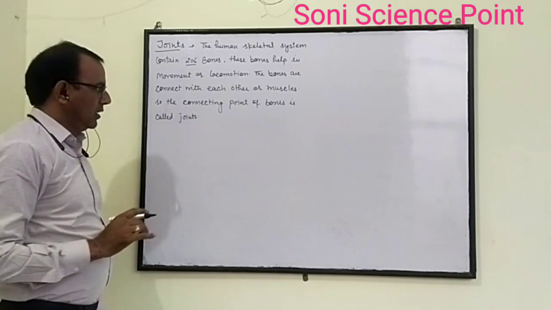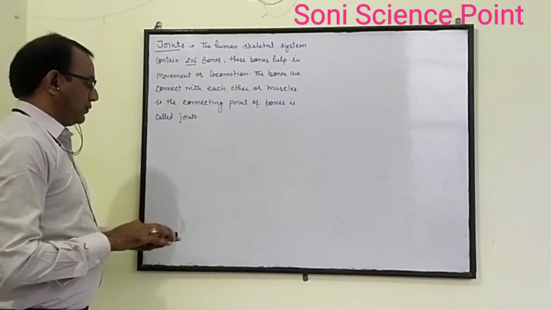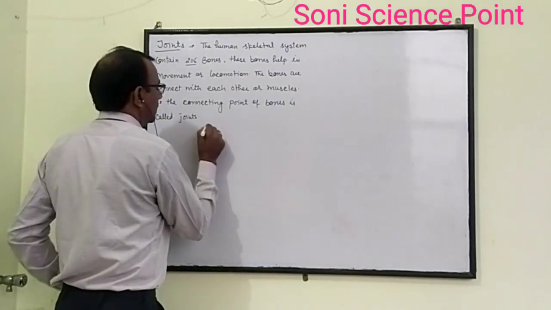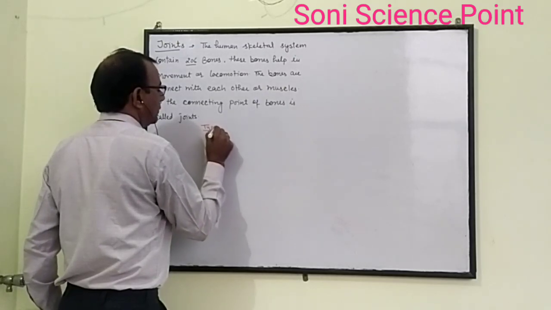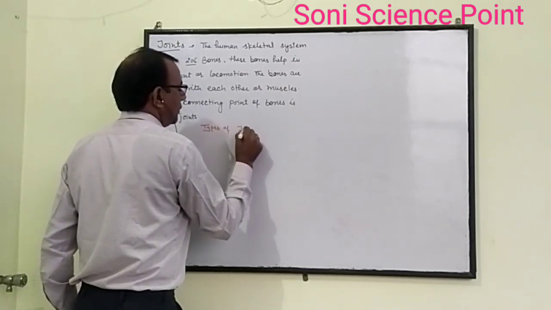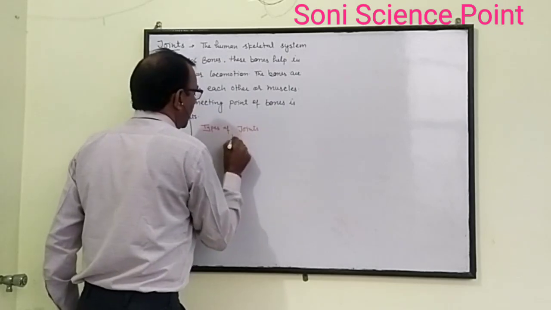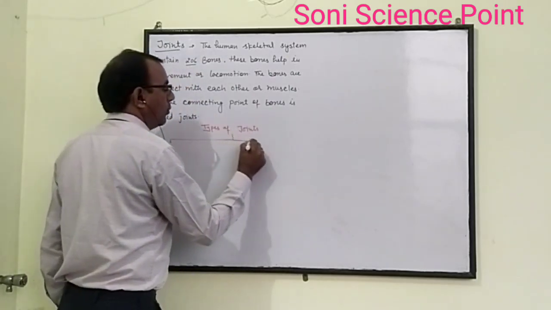First, there are two types of joint. One is bone to bone and the other is bone to muscle.